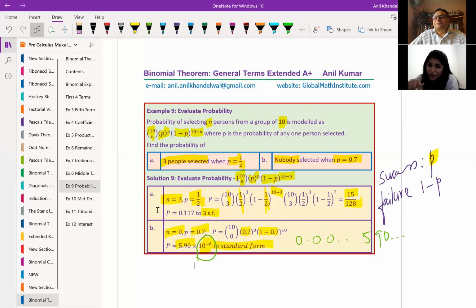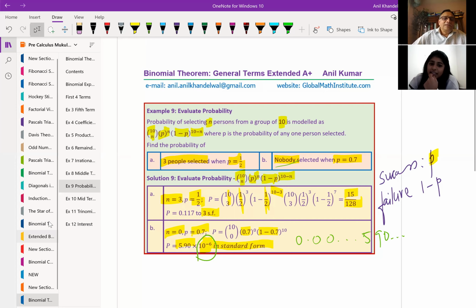But actually it should be really low, because it's more likely to get chosen. Nobody getting selected means a rare case. Probably 10 to the power minus 6. 1 millionth is the chance of not selecting anyone. That's what we are saying.